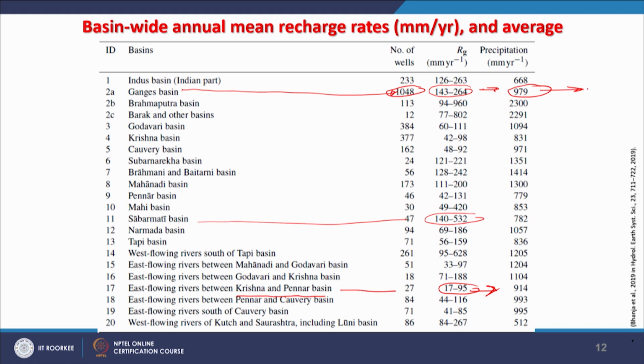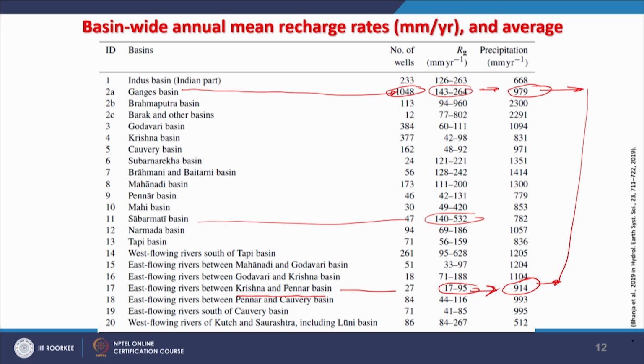However, if you compare just rainfall, then rainfall does not have that much difference. So even looking at this table, we know where exactly, if we put recharge structures today, we will get quick or efficient recharge of our groundwater regime.